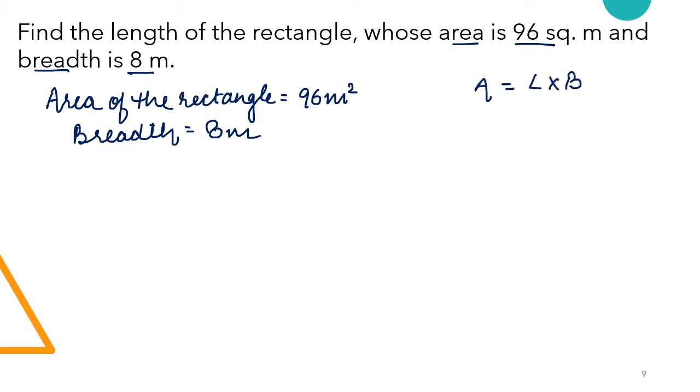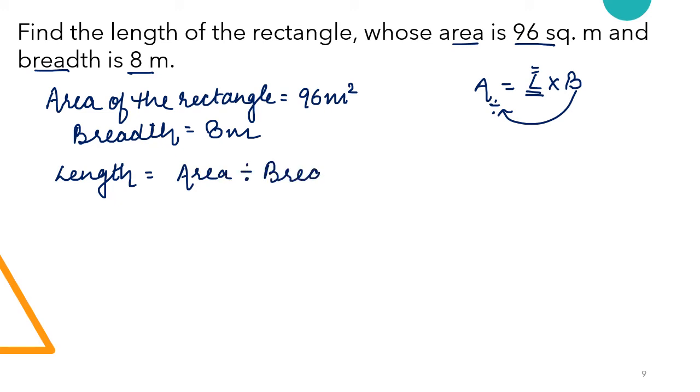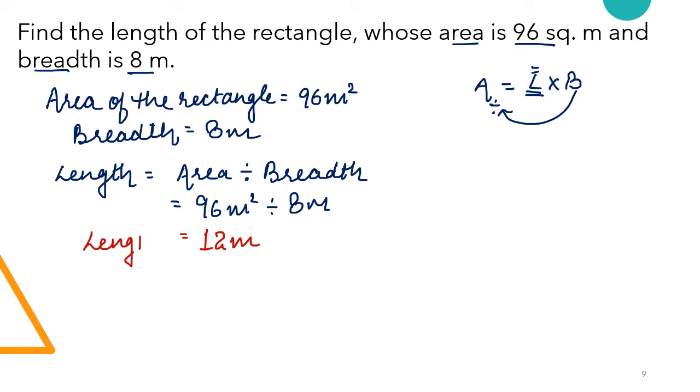Therefore, if we have to find the length of the rectangle, we have to divide area by breadth. So the formula for the length of the rectangle will be area divided by breadth. So area is 96 meter square and breadth is 8 meter. Divide 96 by 8, we will get 12 meter. So the length of the rectangle is 12 meter.